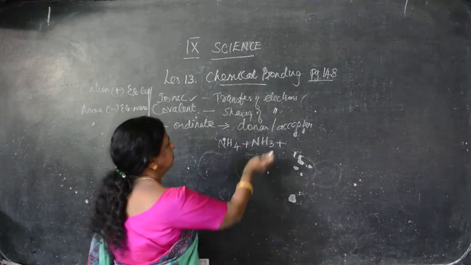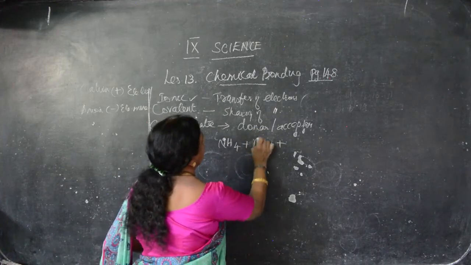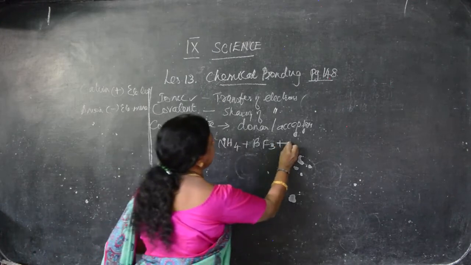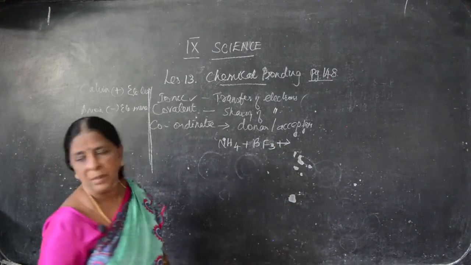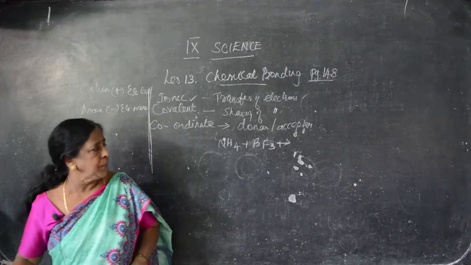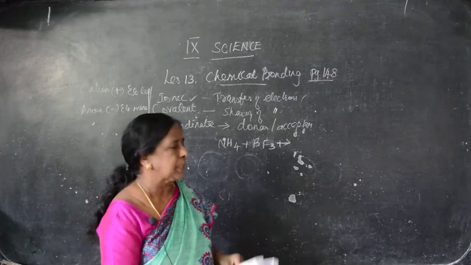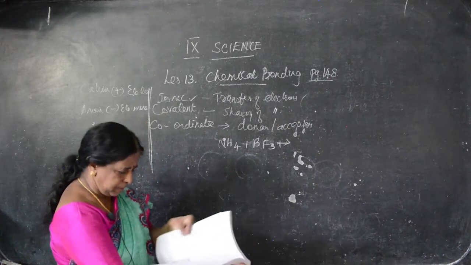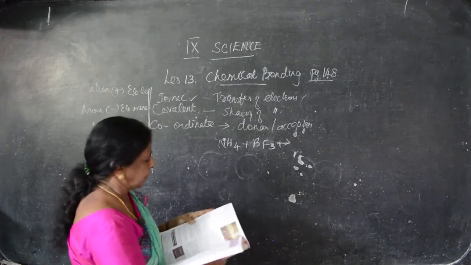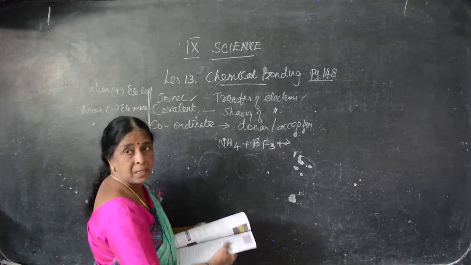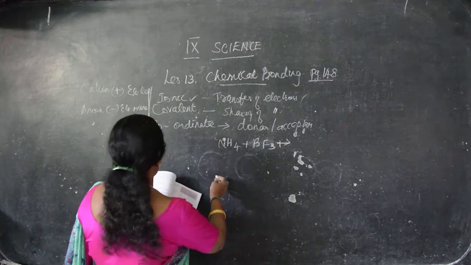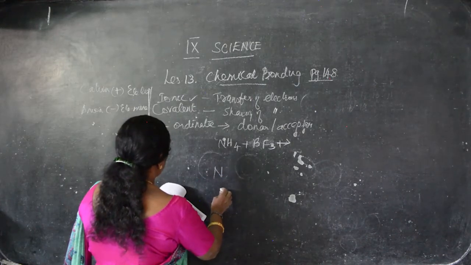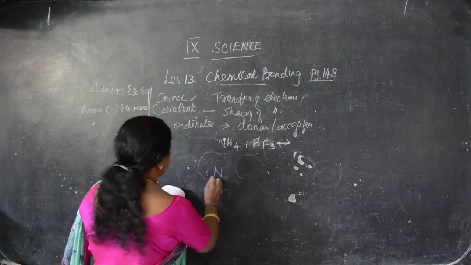BF3. Ammonia plus boron fluoride. The connection between these two forms the coordinate covalent bond. That is, they are just giving only, there is no orbit formation. We can represent by Lewis dots by keeping dots. After sharing of electrons, before that, you see NH4, N, H, they are connected by a single bond.